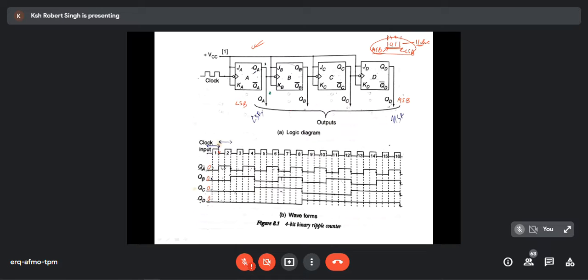So when this is 0, 0, 0, 0 in the beginning, and a clock is given, negative edge, J is 1, K is 1, and the earlier output was 0.